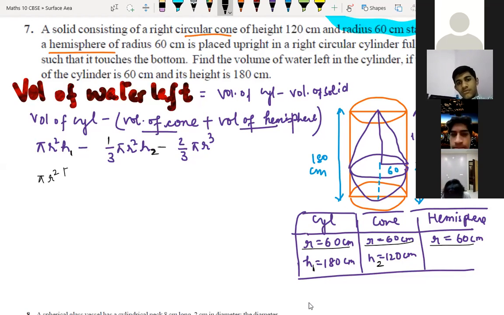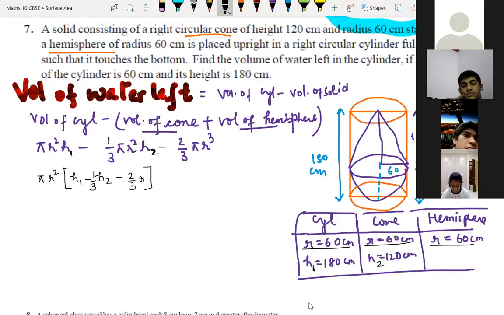Pi r square, if you take common, you will get h1 minus 1 by 3 h2 minus 2 by 3 r.